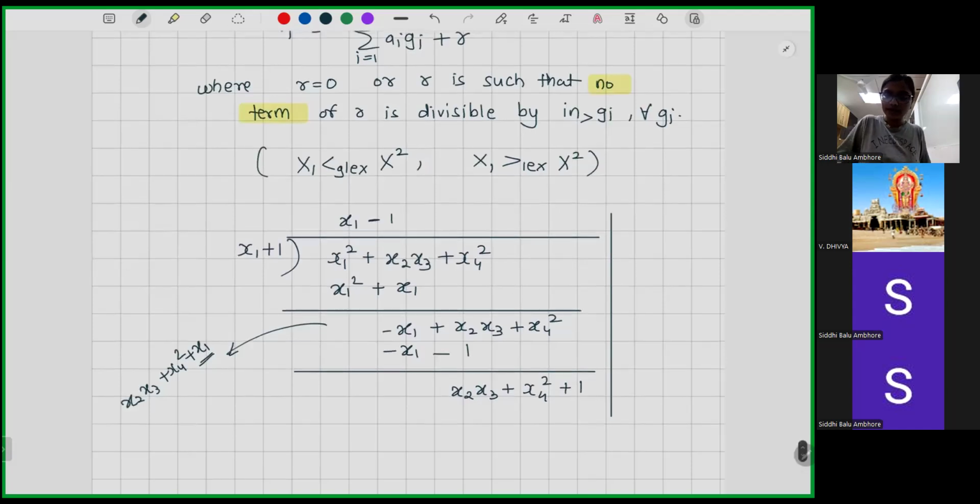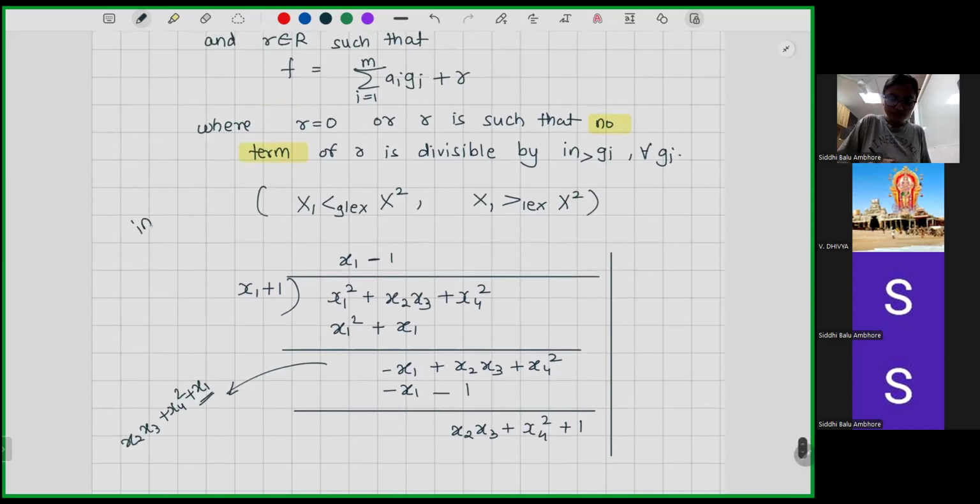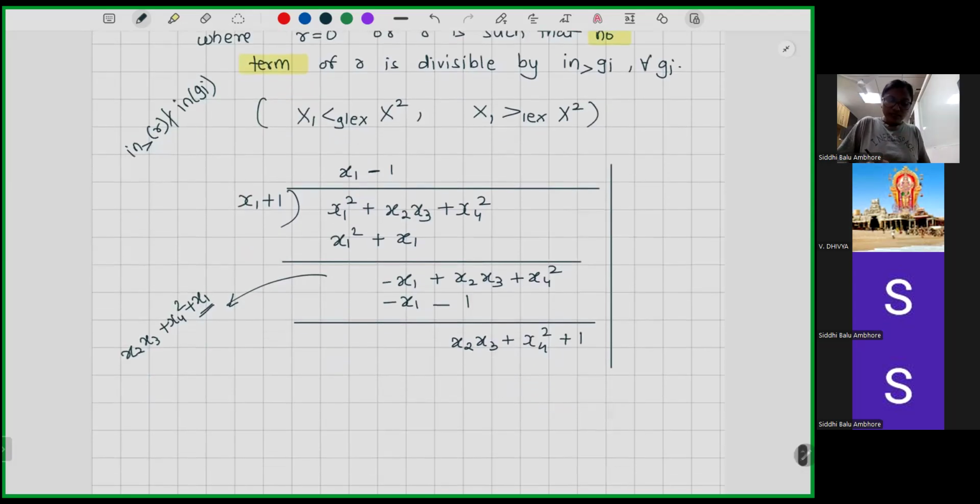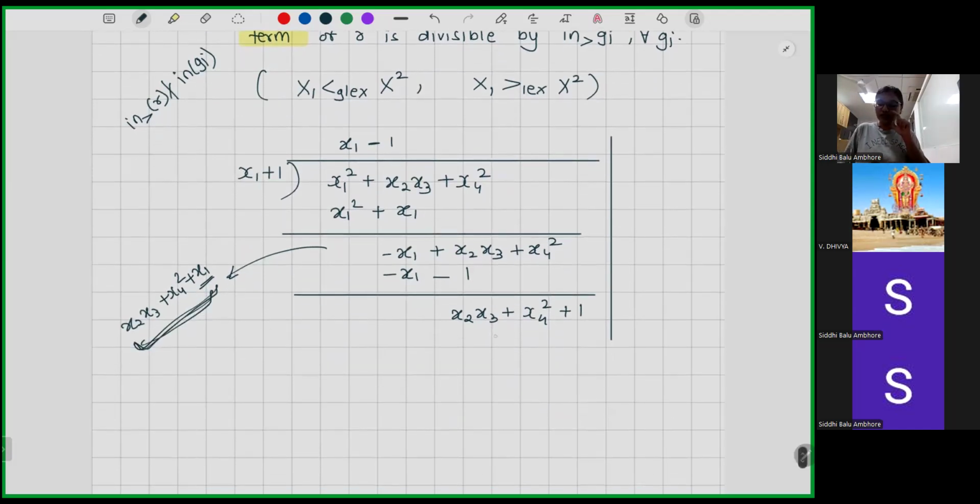And if we only had that initial term of r not dividing the initial term of g, then we would have got this as our remainder. But that's not the case. This is our remainder here, with 1 instead of that x1.